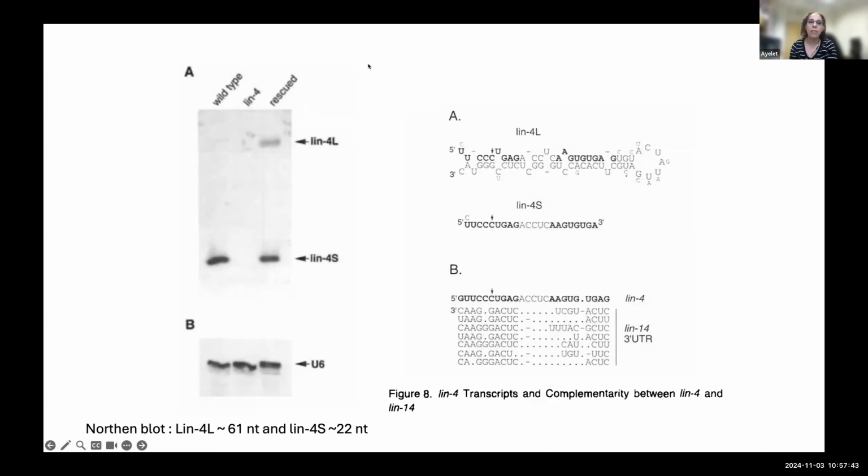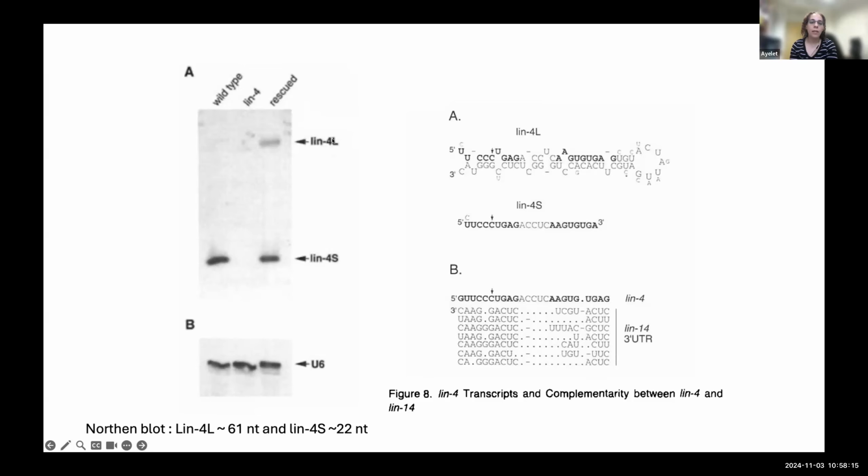But one of the big things that they actually did was generating all the system for injecting DNA into the worm in order to make transgenes, and this is what they used. When they ran the northern blot, they found that Lin4 is actually really small. There is a short band around 22 nucleotides.